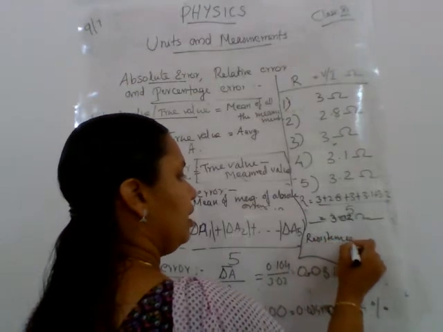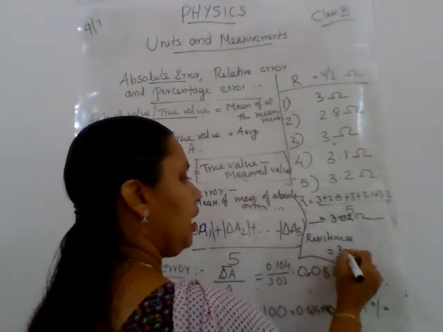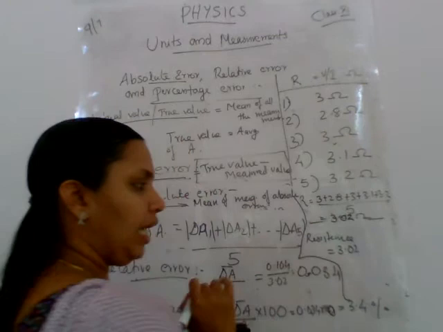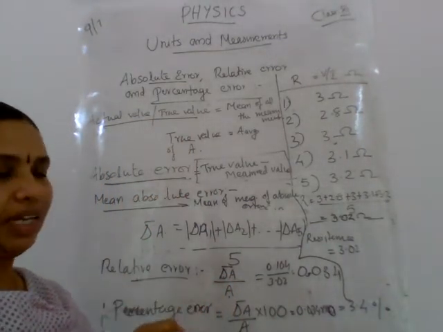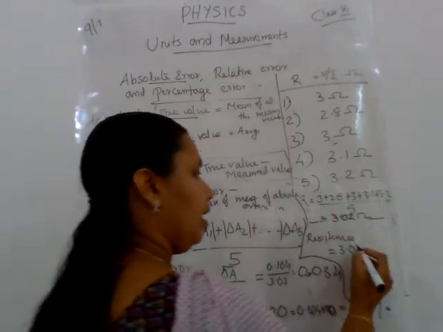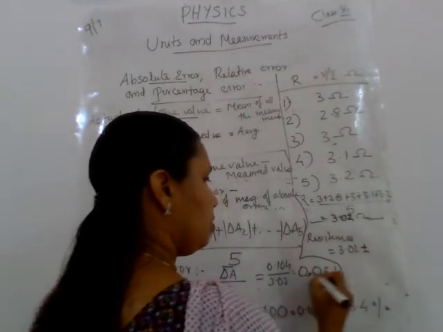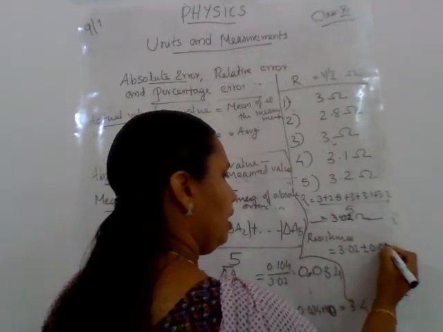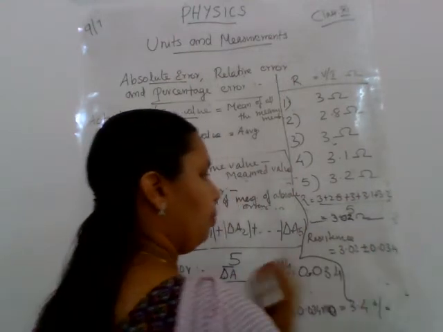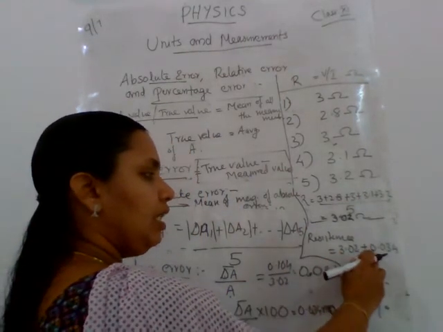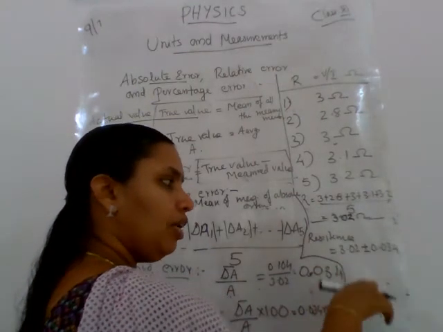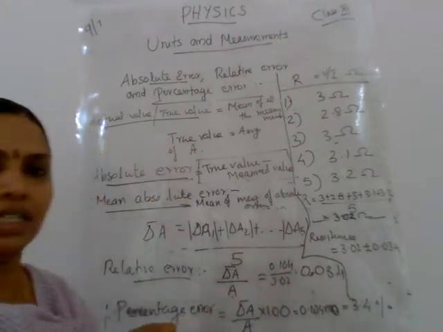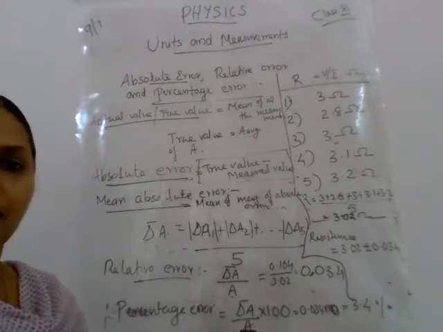So we will write resistance is equal to 3.02, the true value, plus or minus 0.034. So there is a variation of plus 0.034 or minus 0.034 from the value.